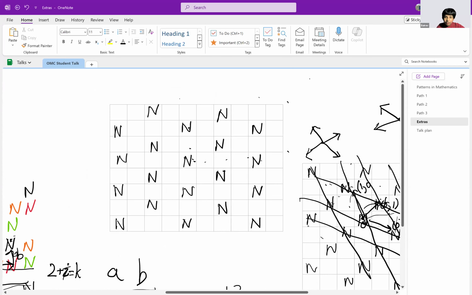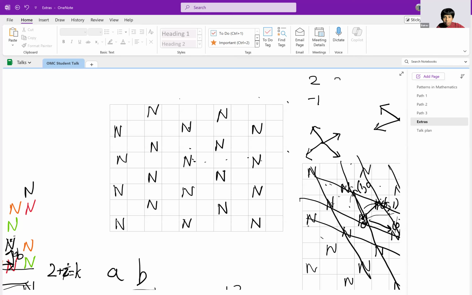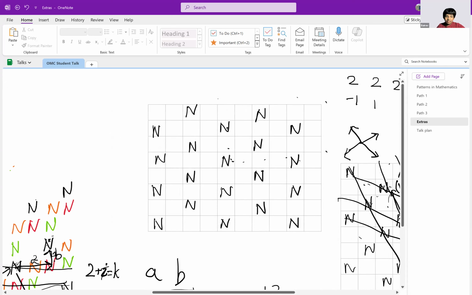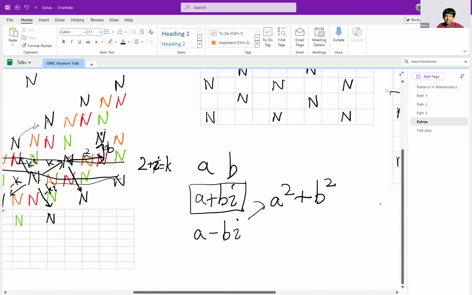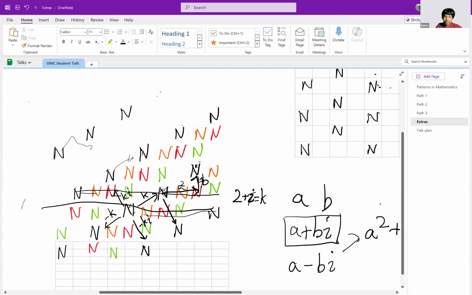And then in this case, it's 2, minus 1, 2, 1, right? So then it's 2 times 1 minus 2 times minus 1. And this is a special case.